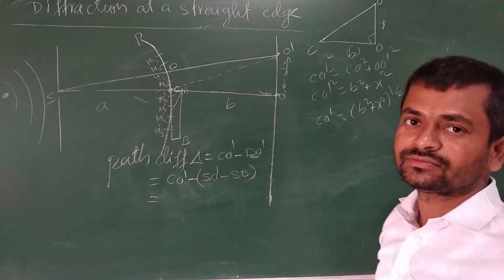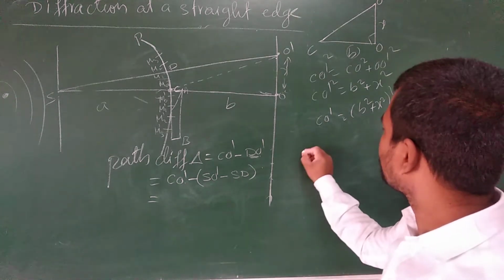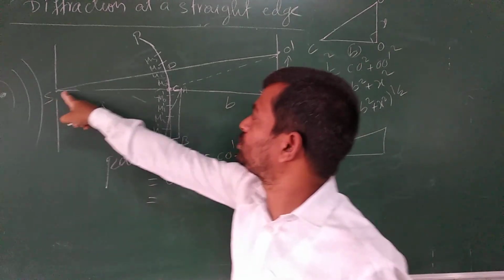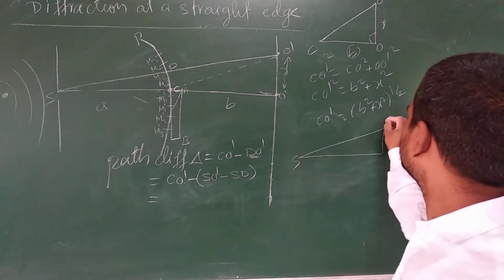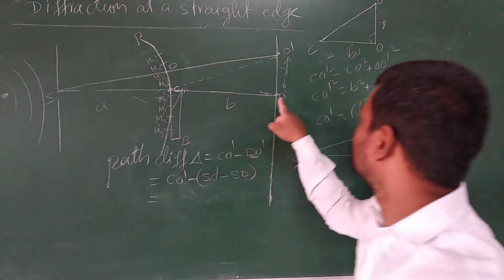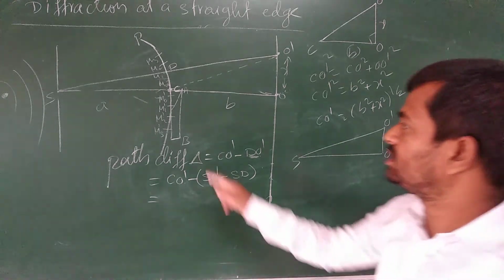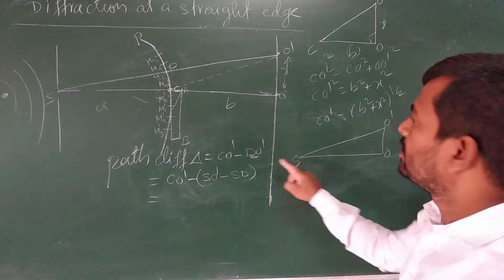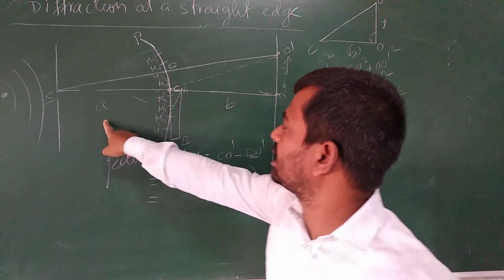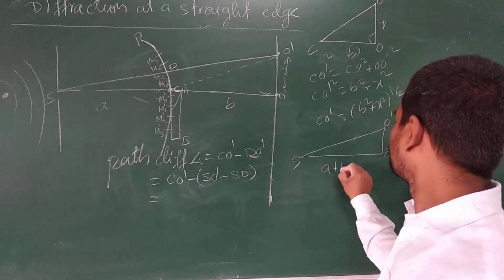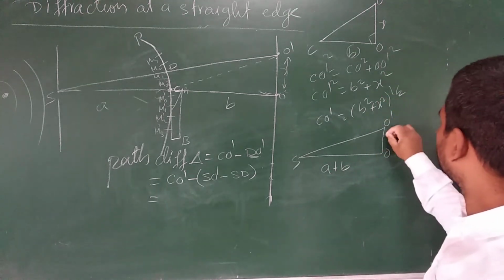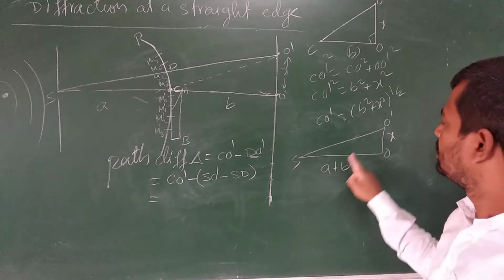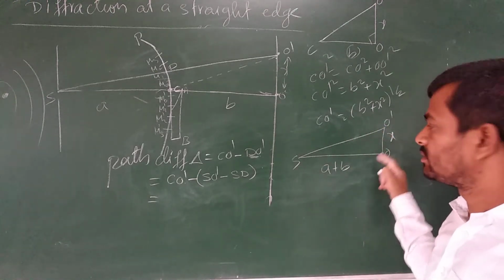The same thing, do it like this for S1 dash, that means S2 O dash. Now this one we have to consider the bigger one. And here to here total distance A plus B, and here to here X. Same thing. Now hypotenuse square is equals side square plus side square.